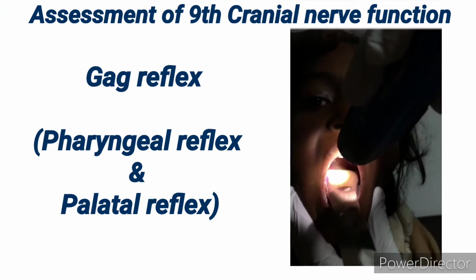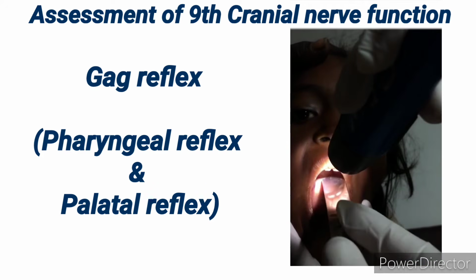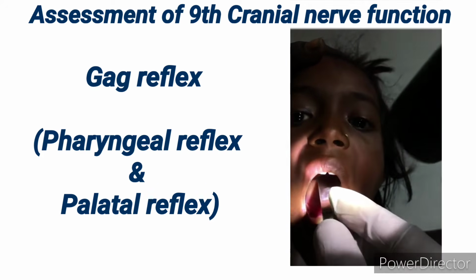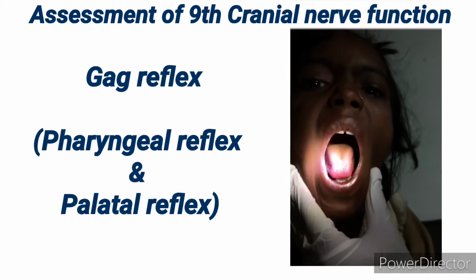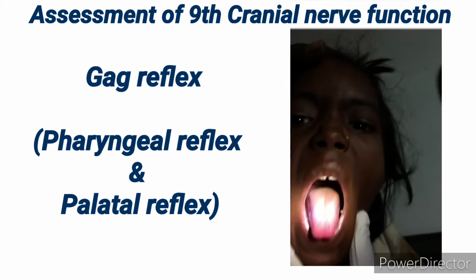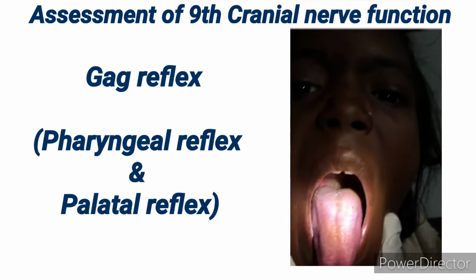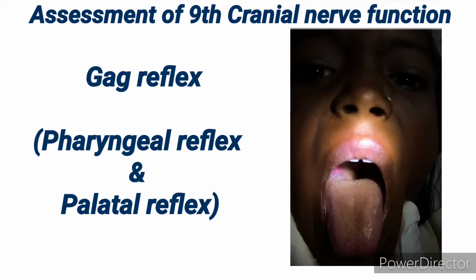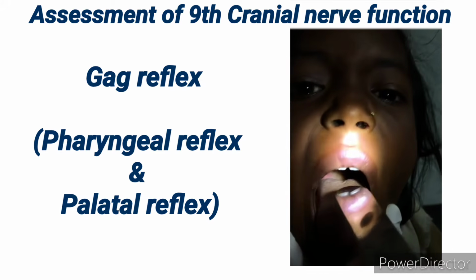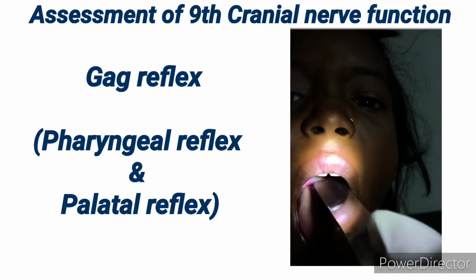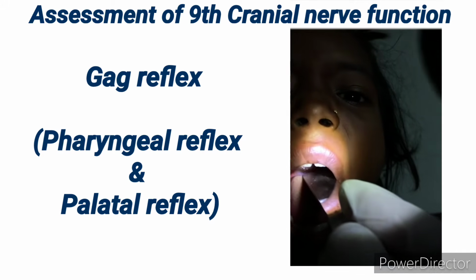In this, we touch the pharynx or palate with a tongue blade, and when we touch the lateral oropharyngeal region, we label it as the pharyngeal reflex. When we touch the soft palate or uvula, we label it as the palatal reflex. Afferent for the gag reflex is the 9th cranial nerve, and efferent are both the 9th and 10th cranial nerves.